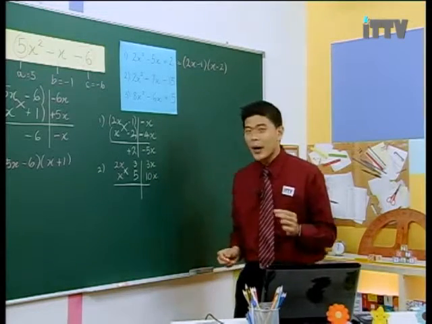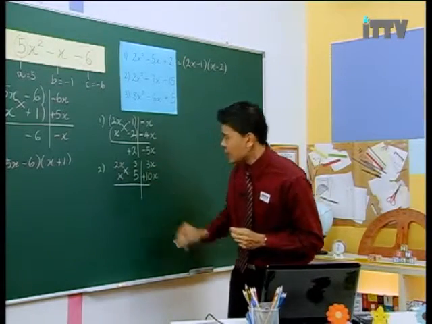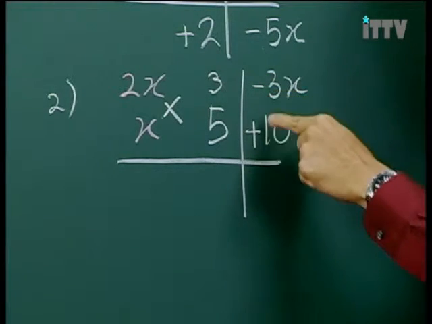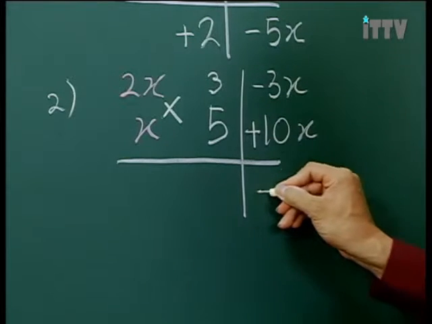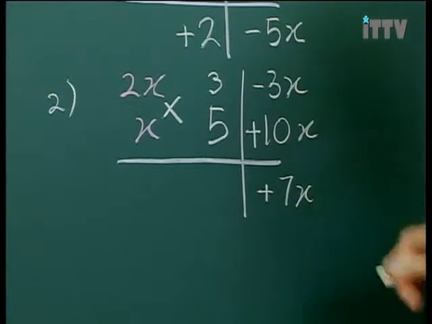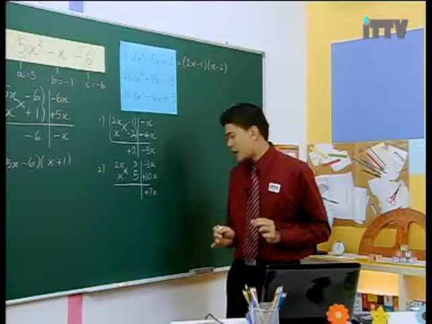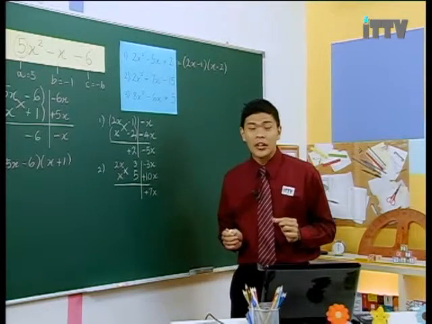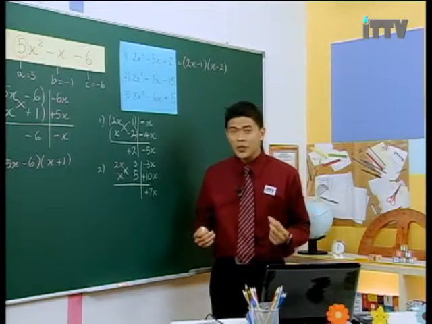Yes, you can, by putting positive here and negative here, because negative 3x plus 10x gives you positive 7x. So if you manage to arrive at this step, you are almost on your way there to factorize the quadratic expression. But don't take things for granted.